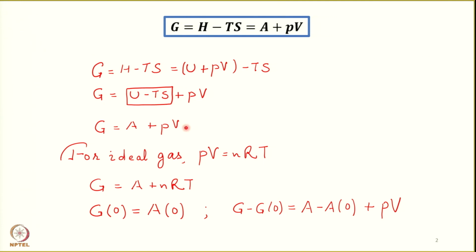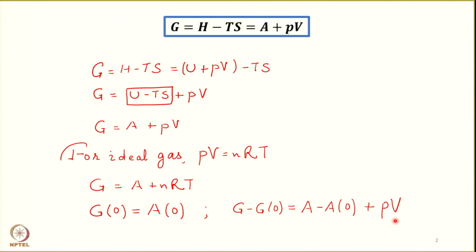I am just connecting this G, and look at when I write with reference to their 0 point values. Now what I need is, if I want to now connect this G with canonical partition function, then I need an expression for pressure and I need an expression for volume.